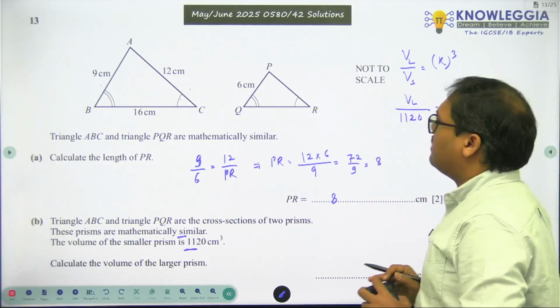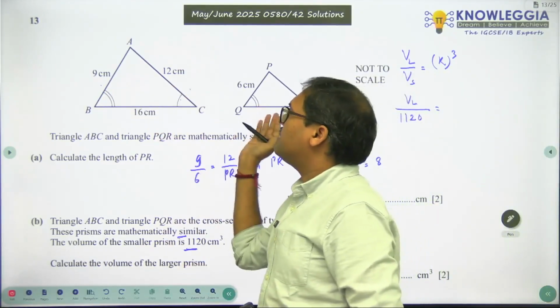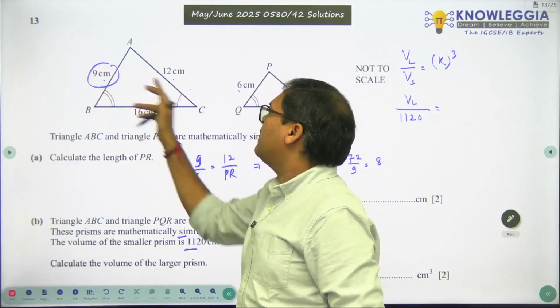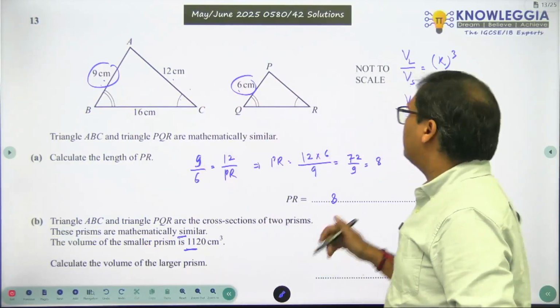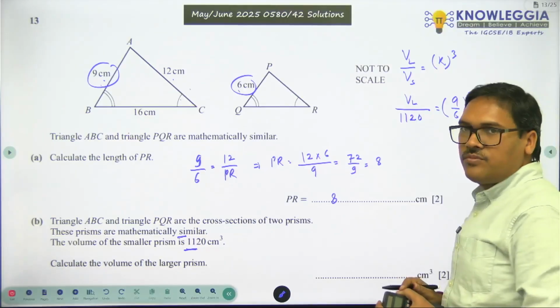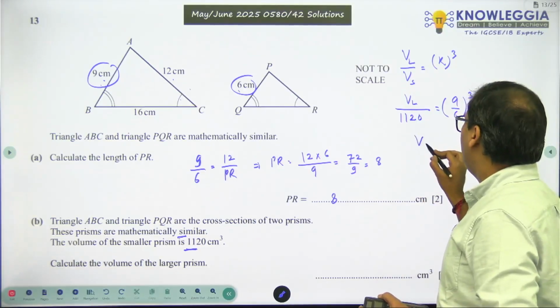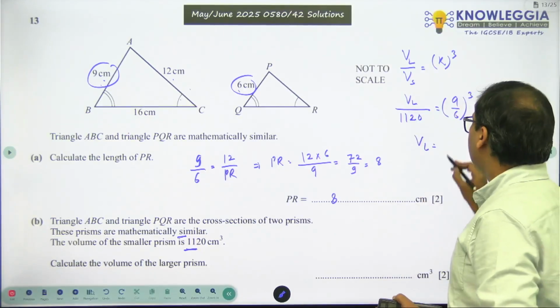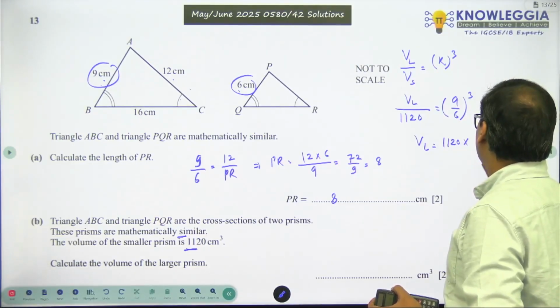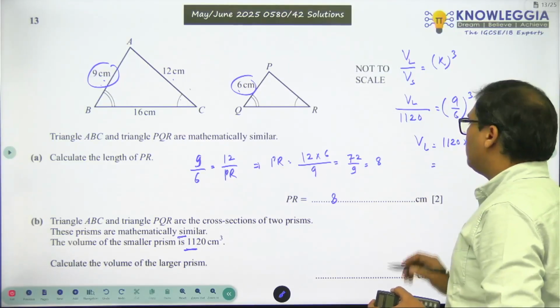Now, what is the scale factor? You can see what are the corresponding sides. I can say this is 9 upon 6. So this is 9 divided by 6 cube. So what is the volume of the larger prism? You can say this is 1120 into 9 by 6 cube, that is the scale factor cube.